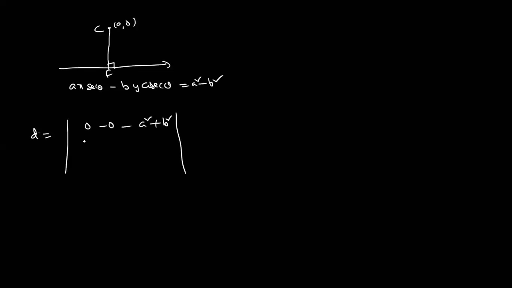What is given? The normal: ax secant theta minus by cosecant theta is equal to a square minus b square. This is the normal, this is C, this is F. So what is the answer? D is equal to the modulus of 0 minus a square plus b square, by root over a square secant square theta plus b square cosecant square theta.